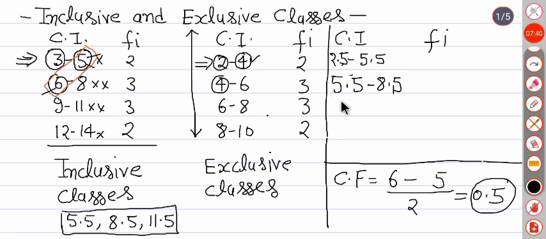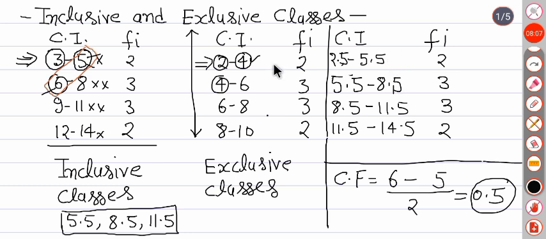Thereafter 8.5 to 11.5 and 11.5 to 14.5, and frequency will be the same. There will not be any change in the frequency.